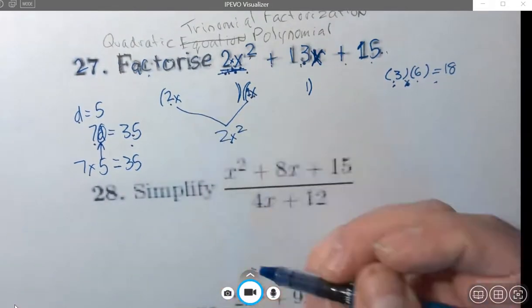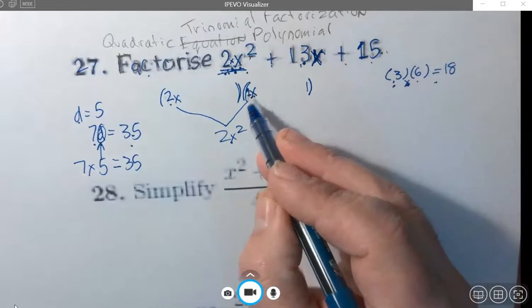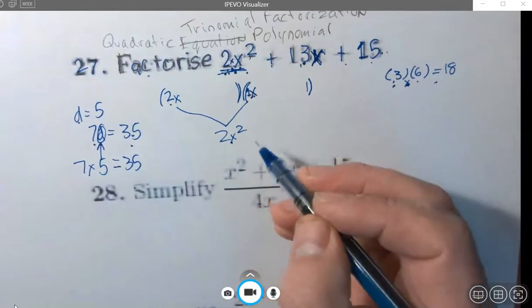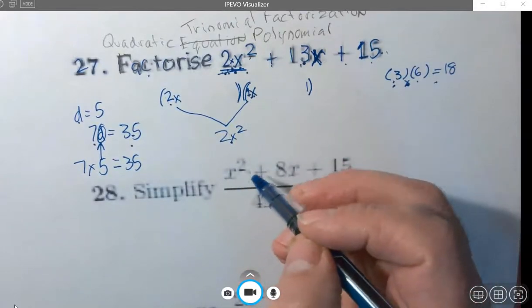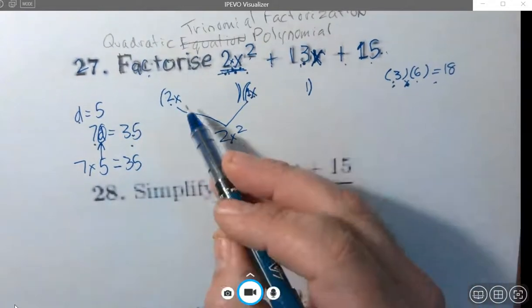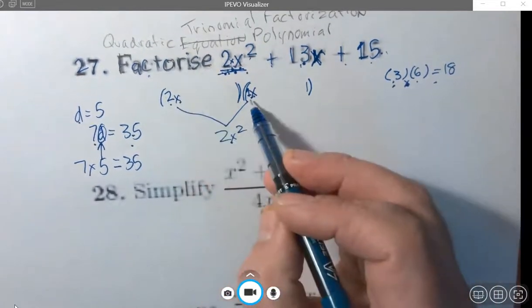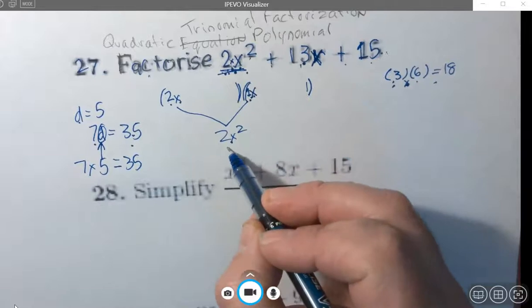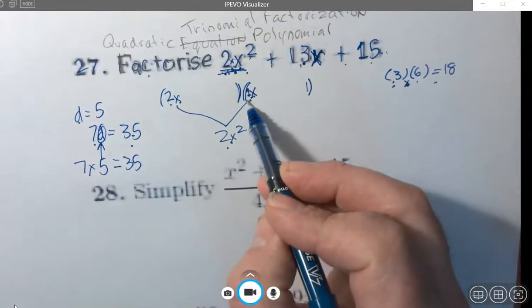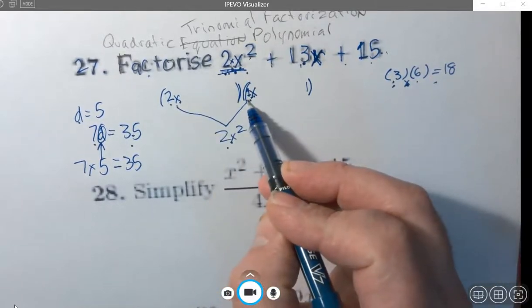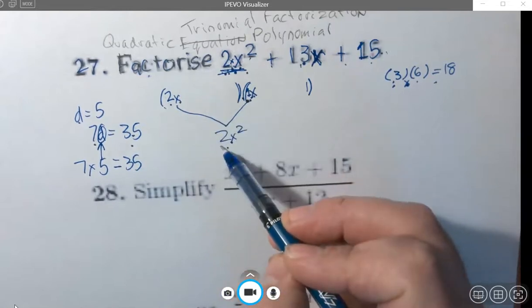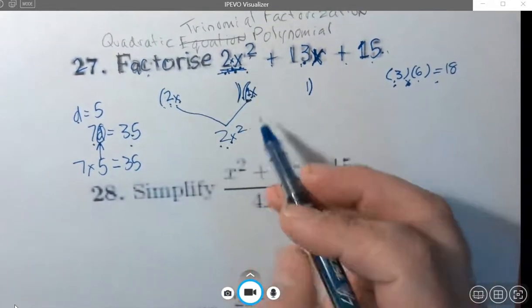Now, whenever there's just a letter there, we assume that there is a 1 there. 1 times x equals x. We can use that to help us whenever we're adding these as well. So 2x times 1x equals 2x squared, meaning x times x is squared, just like in your area formula. And then 2 times 1 equals 2. 2x times x equals 2x squared.